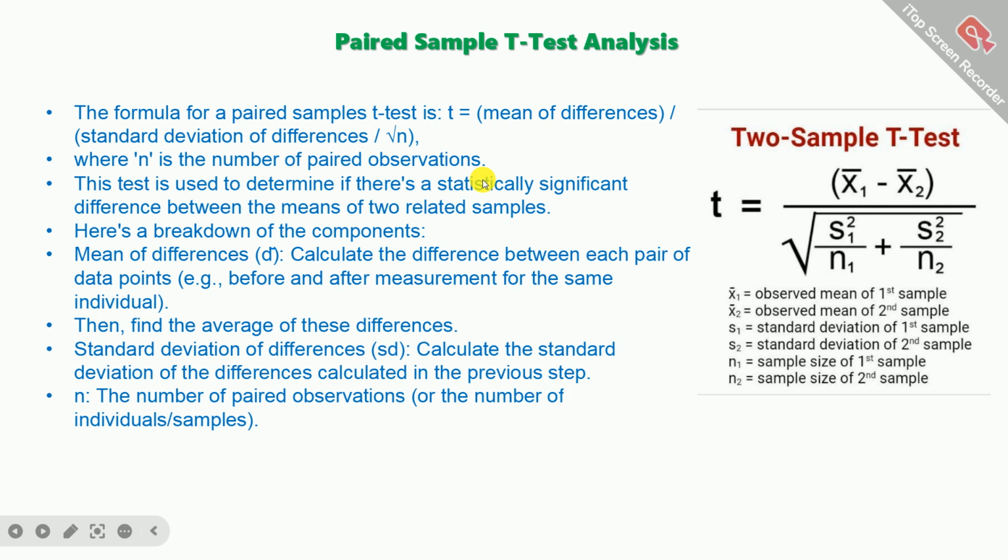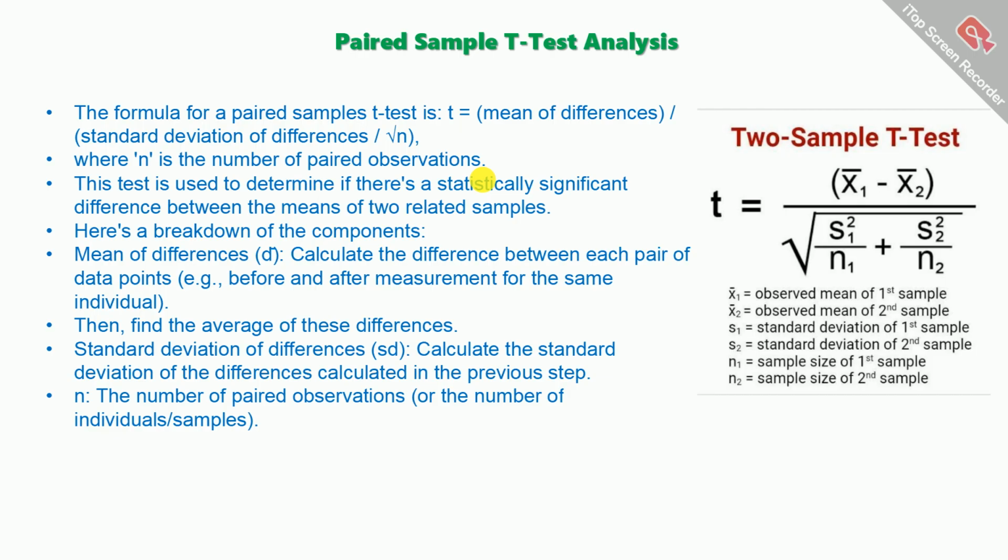So this formula of the paired sample t-test is equal to the mean of the differences divided by the standard deviation of the differences divided by the square root of the sample size, where n is the number of paired observations. This test is used to determine if there is a statistically significant difference between the means of two related groups.